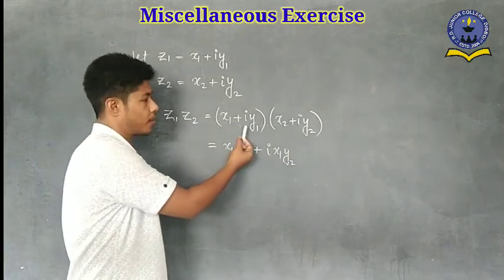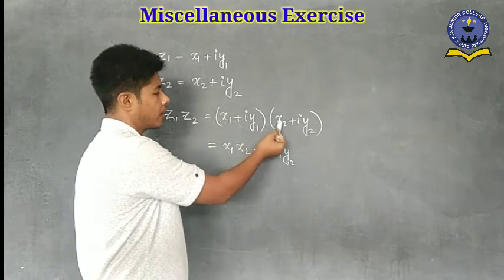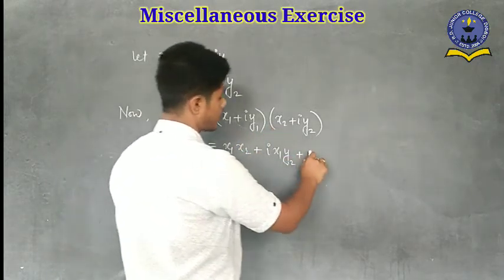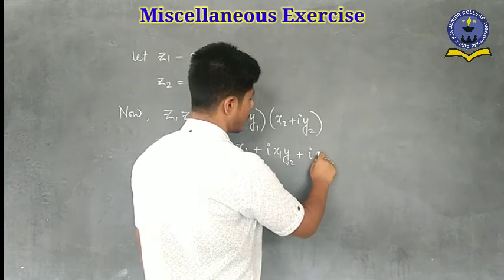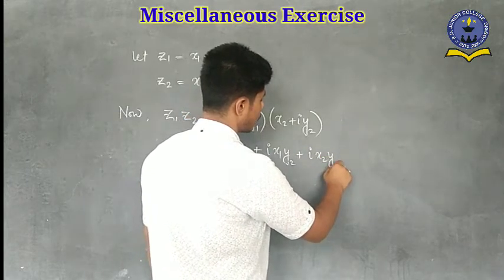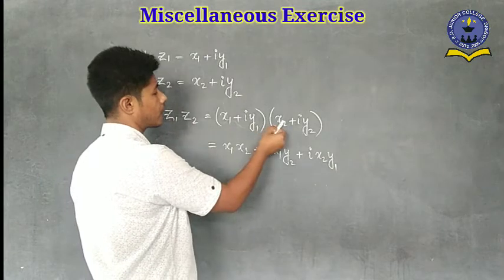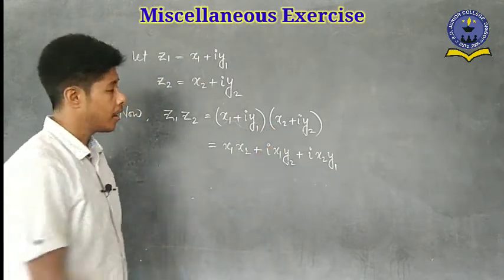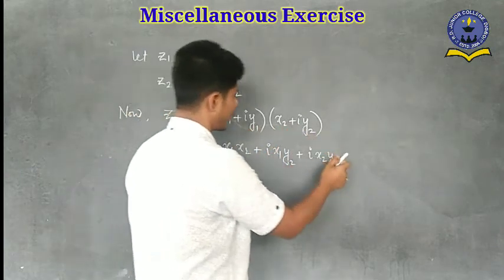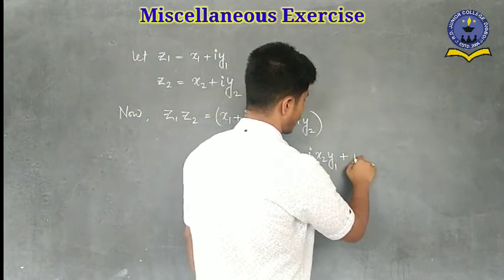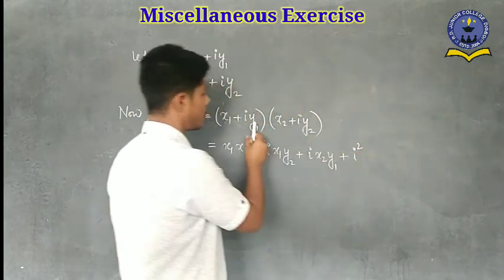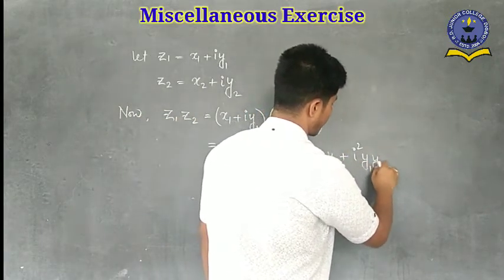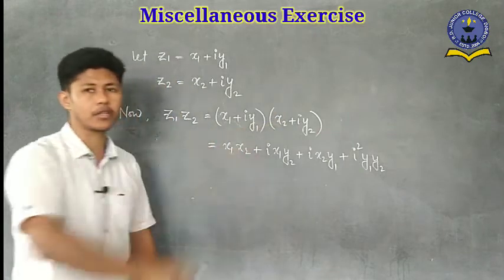Next we multiply this i y1 with x2, so plus i x2 y1. Then next i into i, that is plus i square, y1 into y2, so we write y1 y2. We just multiply these two results.